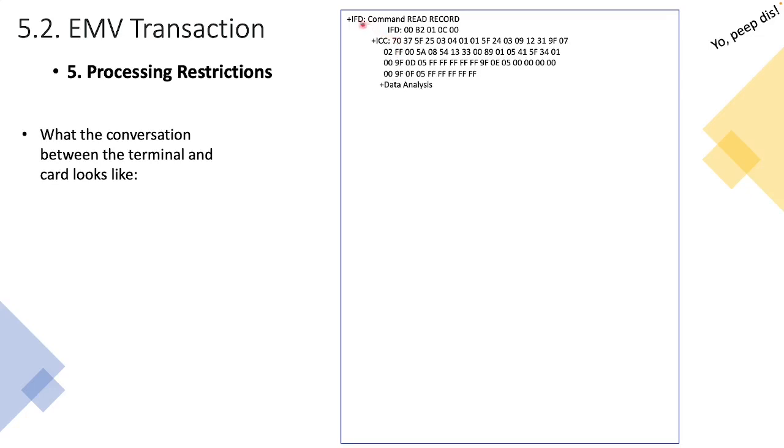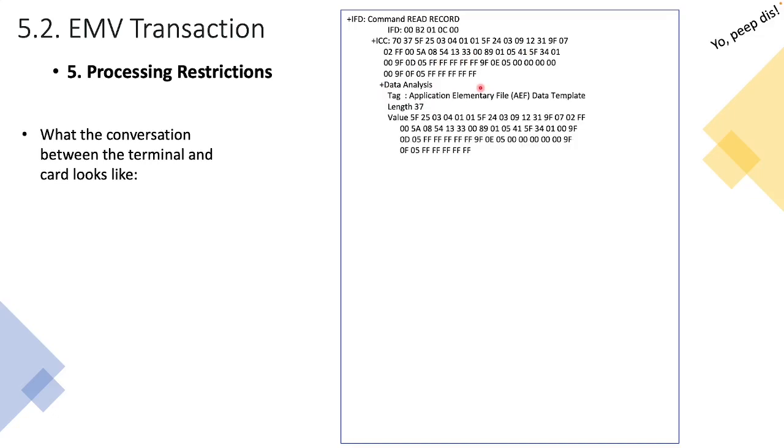Right, so we've got the terminal which has issued the read record command for the data it requires, and the ICC has responded. And you can look at it: there's a tag 5F25, there's tag 5F24, there's a tag 9F07, which is application usage control, etc. Right? So this is the hex. If you want to look at it closer, let's have a look at the data analysis.